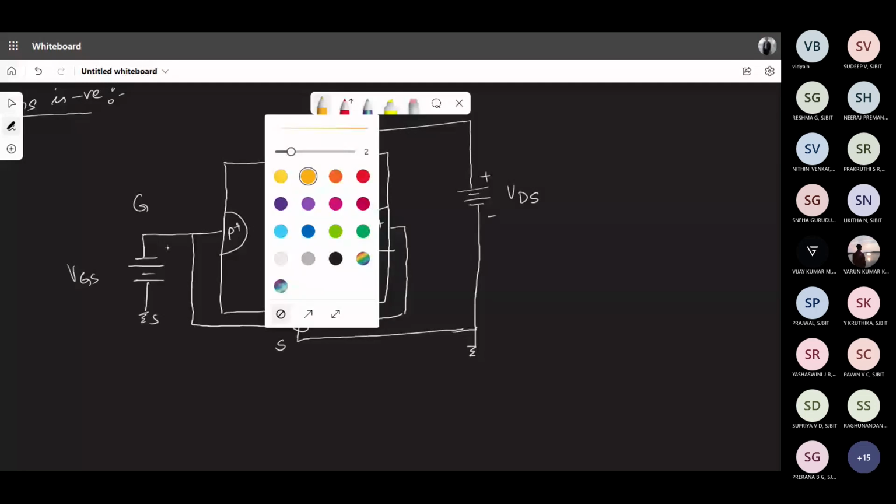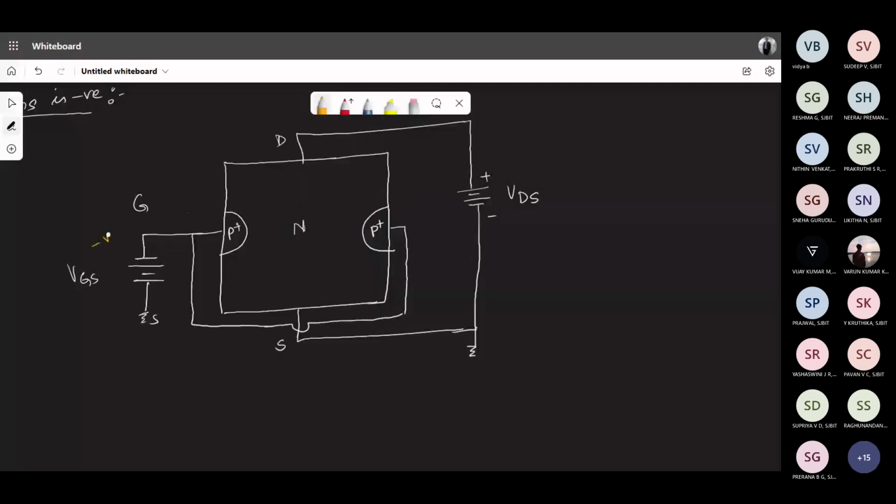Let us start with a smaller VGS value, say minus 1 volt applied here. VGS is small now. What will happen? It's quite obvious that when the negative voltage is applied, all the holes which were here, let me slightly increase the width of this.